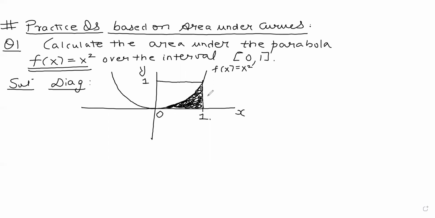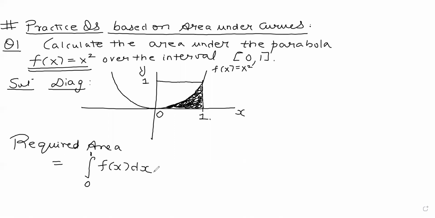So that means, guys, how will I find the area? So I can say, what will my required area be? Required area will be integral as x goes on from 0 to 1 f of x dx. This is how we find the area.